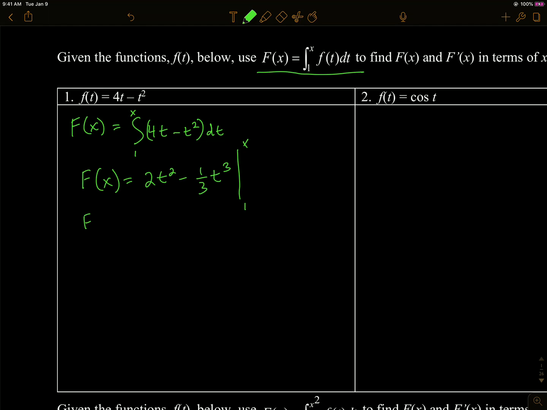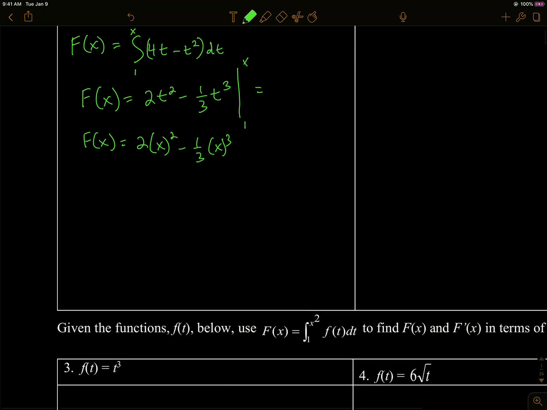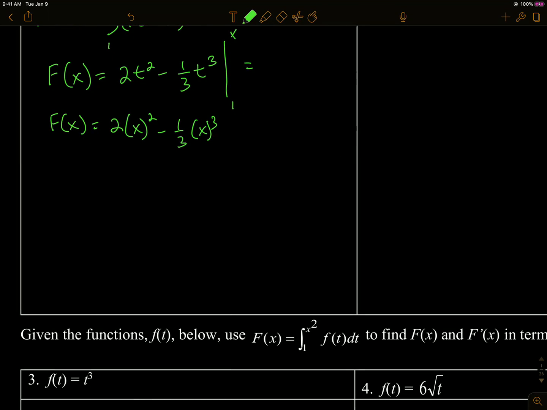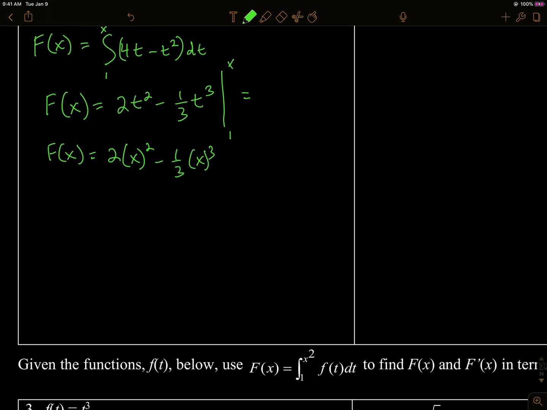So capital F of x is equal to 2x squared minus one third x cubed. Remember, this was F of x minus capital F of 1, so we're doing the fundamental theorem there. That's the F of the upper minus F of the lower, so it's 2 times 1 squared minus one third times 1 cubed.